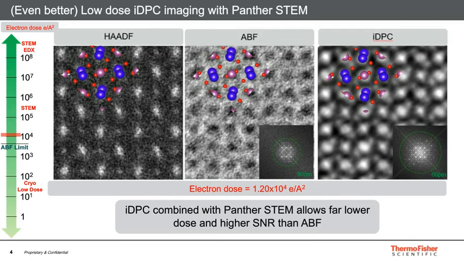This amount of dose is already pushing the limit of ABF imaging. You can see that the middle image has too much noise and is losing resolution. But with iDPC, we can maintain excellent signal-to-noise ratio and still have a very high-quality STEM image, as you can see from the right-hand side image.